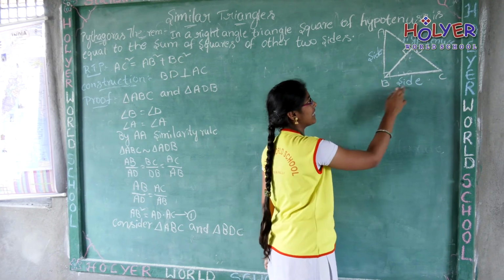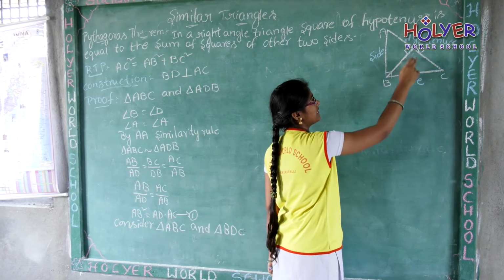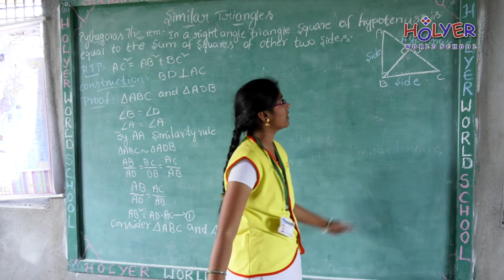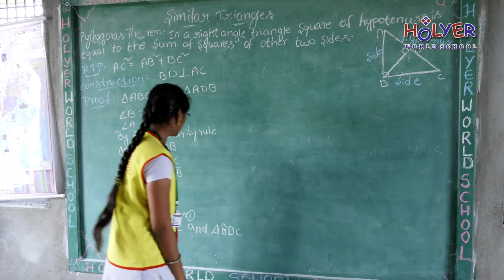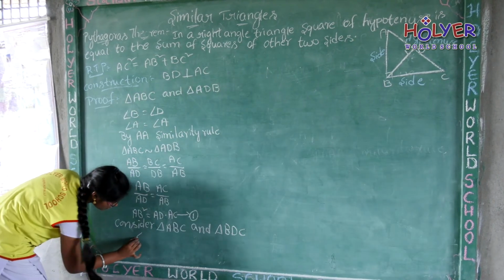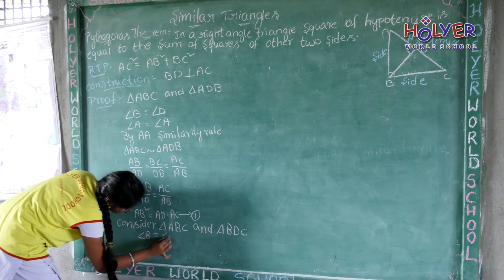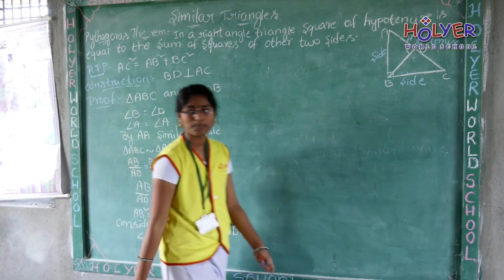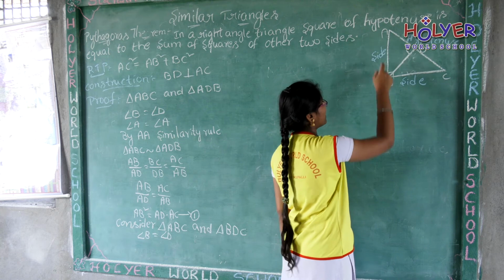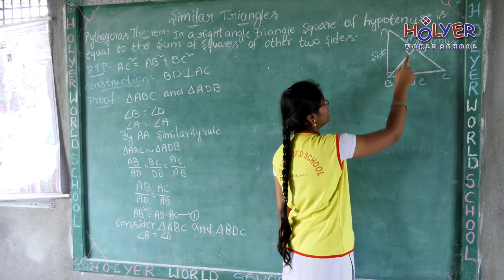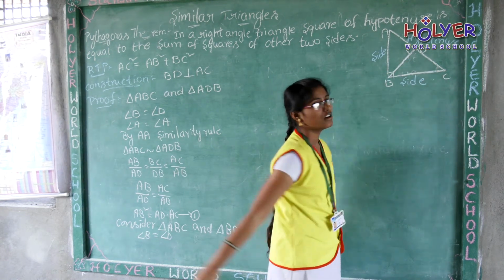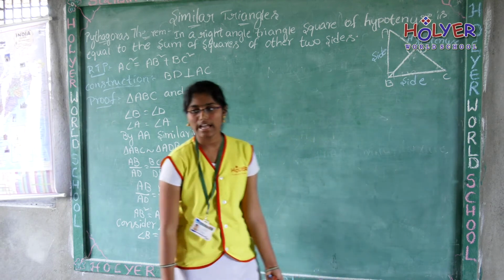In triangle ABC, right angle at B. In triangle BDC, right angle at D. So angle B is equal to angle D. In triangles ABC and BDC, C is the common angle. So angle C is equal to angle C.